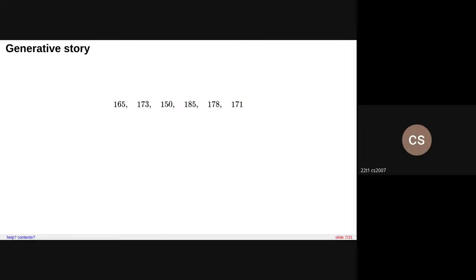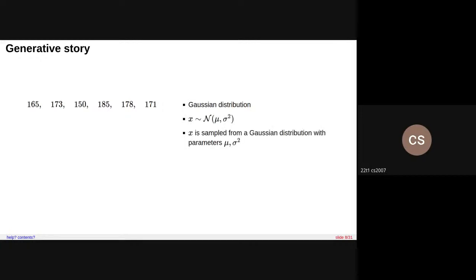If you have data like this, the generative story, or rather the distribution, that will generate this data is a Gaussian. A Gaussian distribution, and the parameters governing it will be the mean and the variance. You say that these observations are sampled from this Gaussian with these parameters.